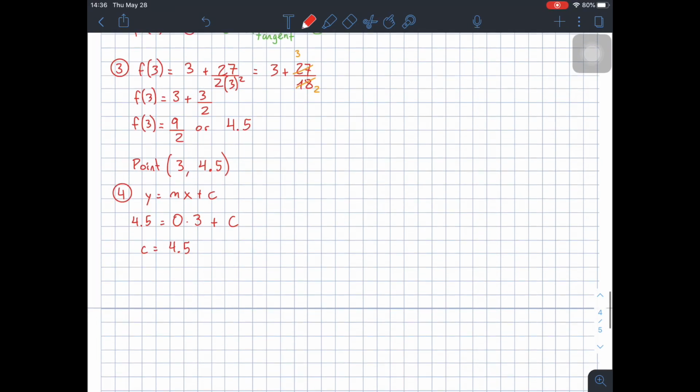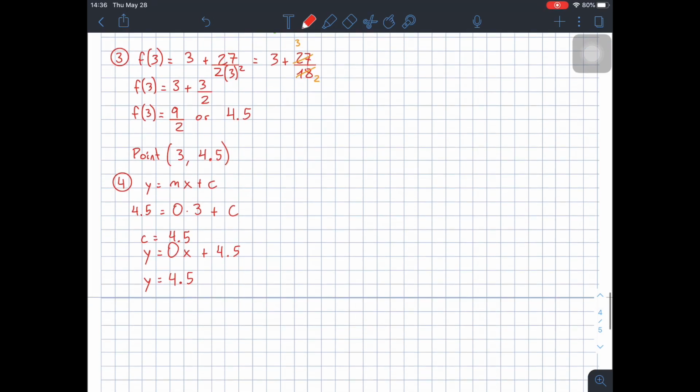So finally, the equation of the line would be y equals 0x plus 4.5, since m is 0. This is the same as saying y equals 4.5 only.